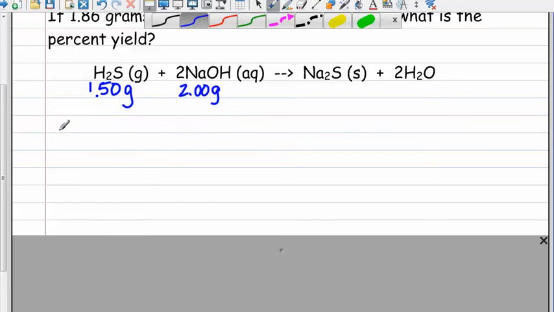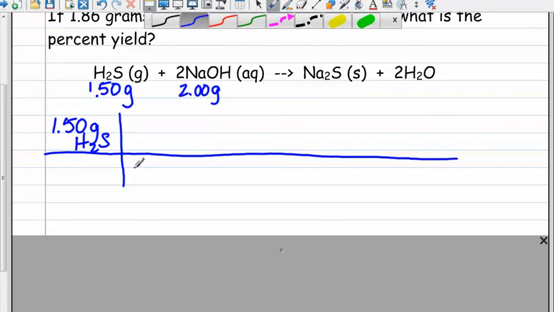As I said, you can start with either one, but I'm going to start with the hydrogen sulfide gas. So I have 1.50 grams H2S. I'm going to divide by the molar mass, which is 34.09 grams.